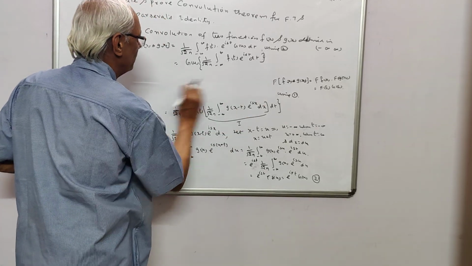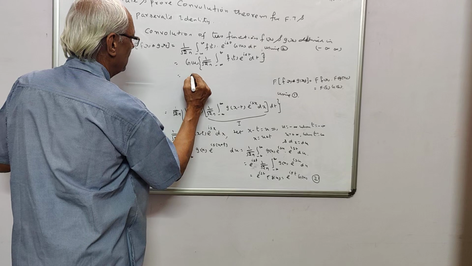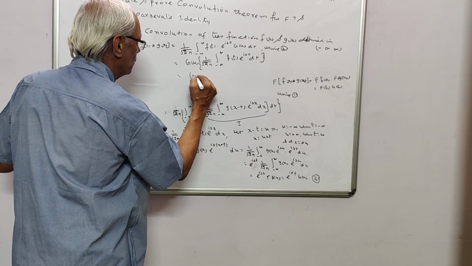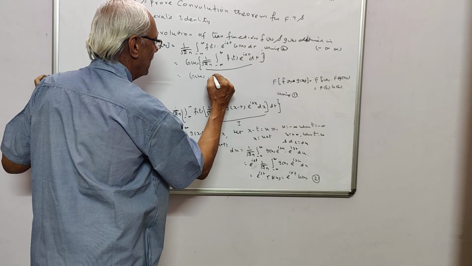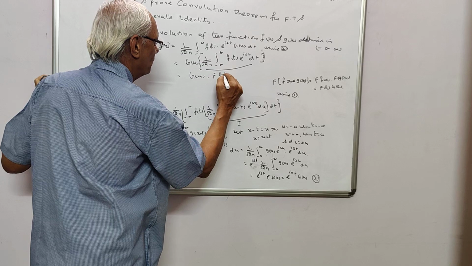So in this place you can write this as the Fourier transform of g of u into the Fourier transform of f of t.